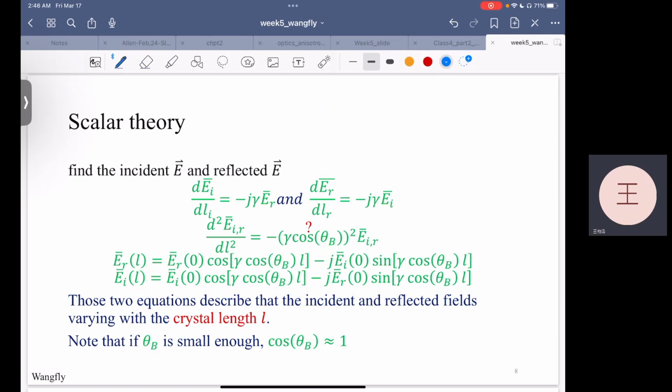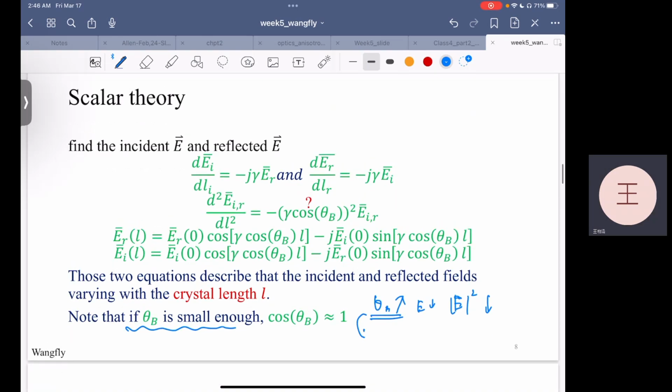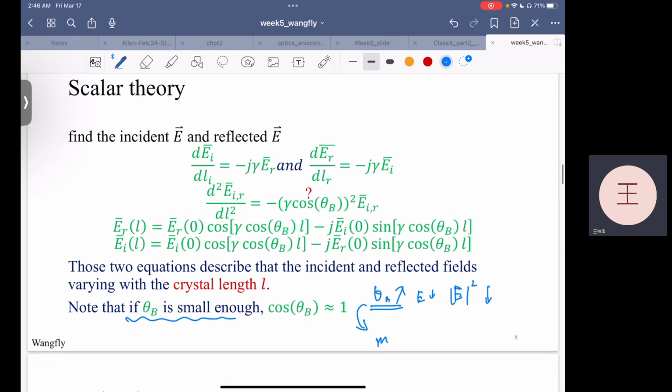And here this tells the story about theta b, where we find that the larger theta b is, the smaller the electric field is, and the smaller the power is. And a larger theta actually corresponds to a larger m.